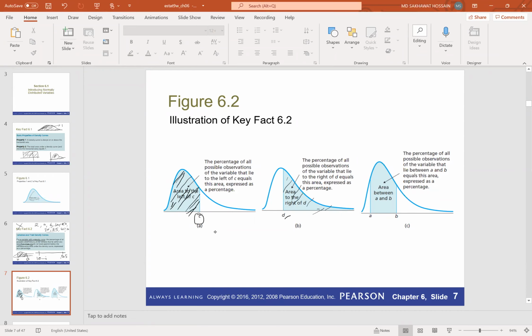And similarly, for this one, the percentage of all possible observations above D will be equal to the area under this density curve to the right side of D. And similarly, here we have the area between A and B. That means the percentage of all possible observations of the variable which are between A and B. Actually, the area represents the probability or the percentage.